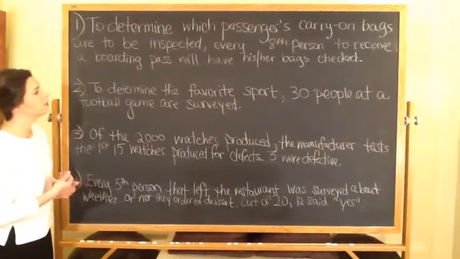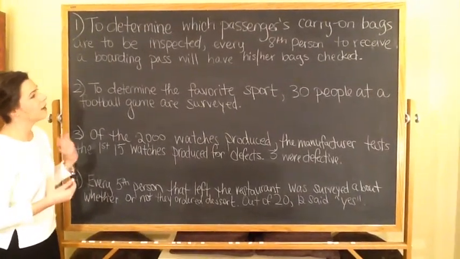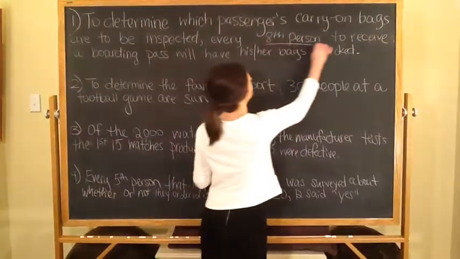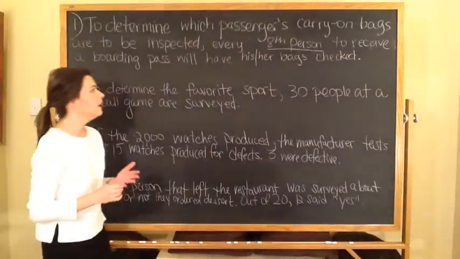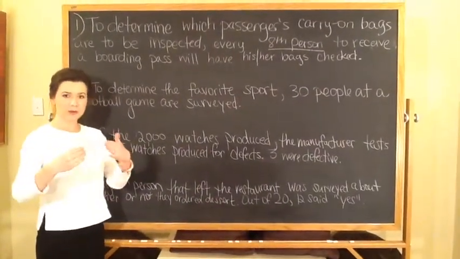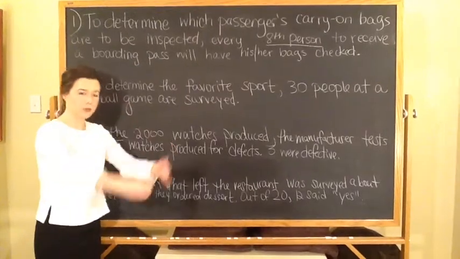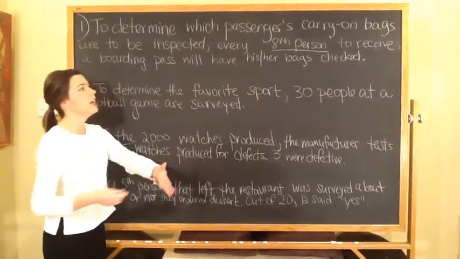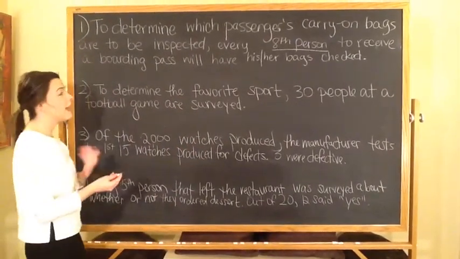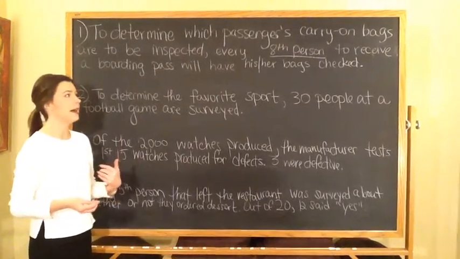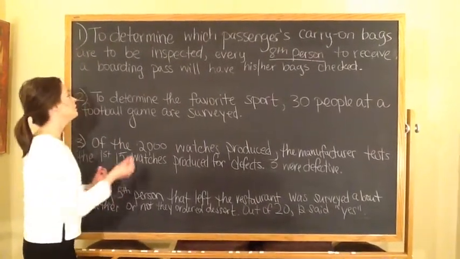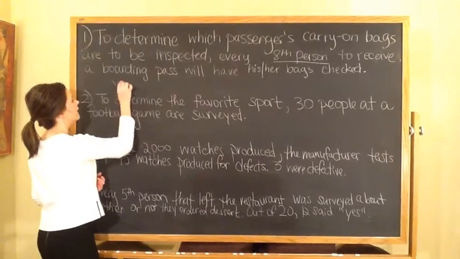First of all, I see that we're talking about every 8th person. That's the part that stands out to me. Every 8 people, we're going to check. To me, that looks like a systematic sample. So yes, it's valid.